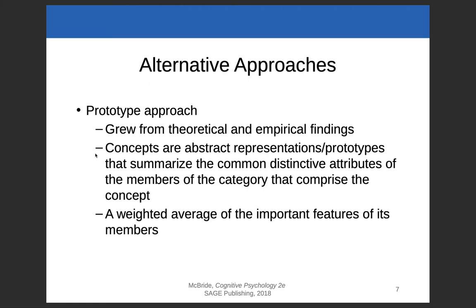As you grow up and you learn about birds, you have this image of a bird when you're little that you learn from picture books, and then you grow up and you see birds and you learn more and more about birds. That prototypical bird that you started forming as a child changes over time, because you're averaging in all of your experience to create this prototype of this category known as bird. So the prototype is essentially just a weighted average of all the features of all the members.